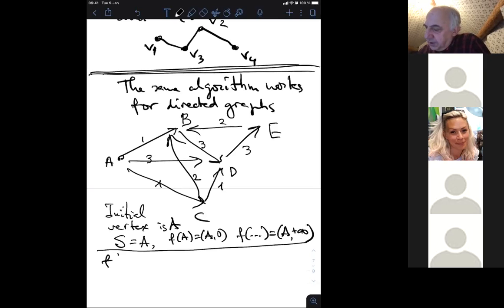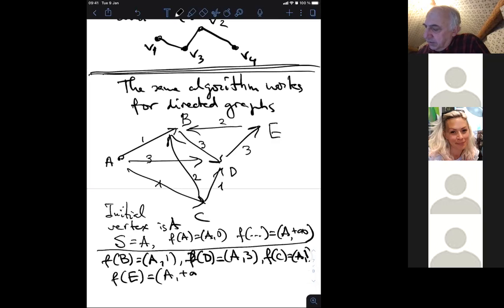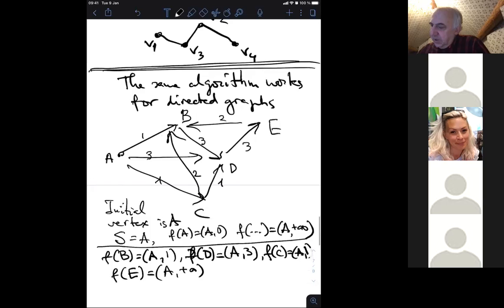So for example, f of B would be A and 1. f of D would be A and 3. f of C would be A and 1, and f of E would still be A and plus infinity. I'm not connected immediately from A to E.